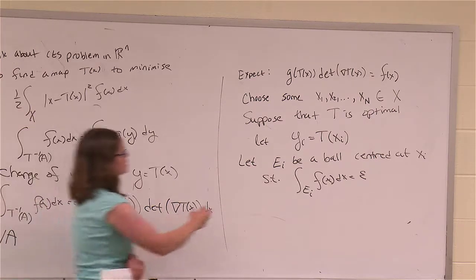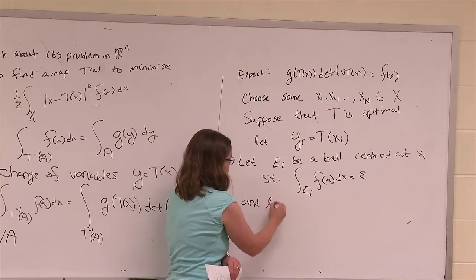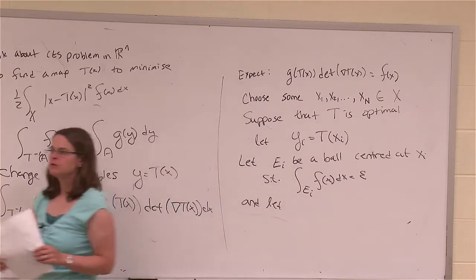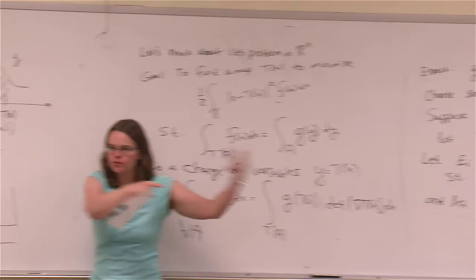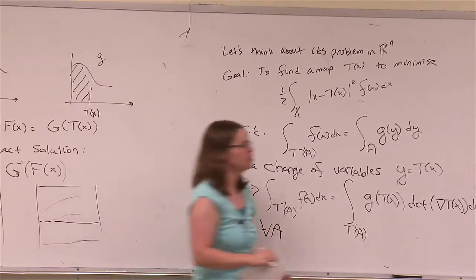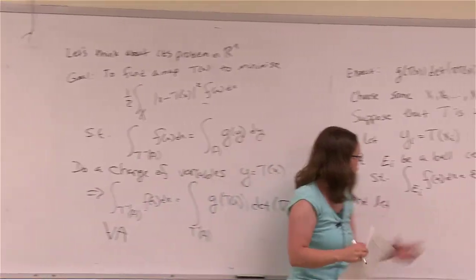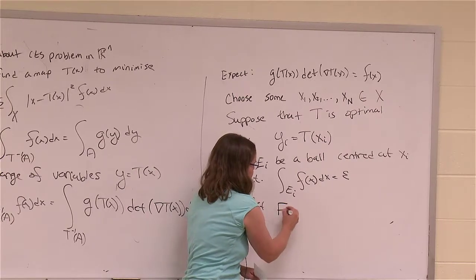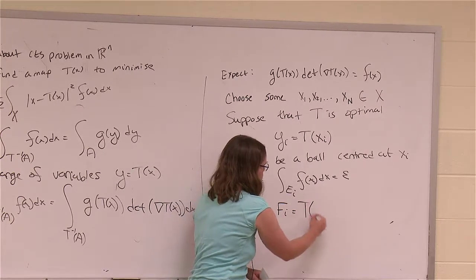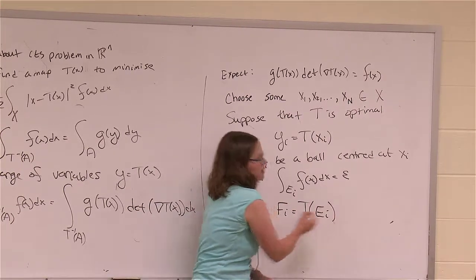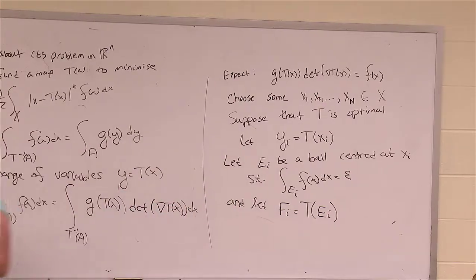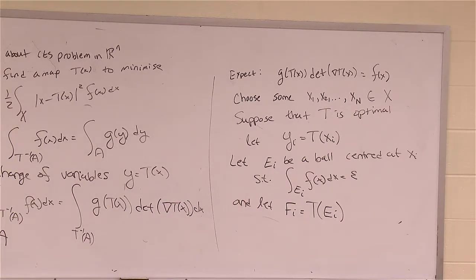As before, I had my little intervals and looked at where they got mapped to. I'm going to do the same thing here: I'm going to look at what set these E's get mapped to. So let F_i equal whatever these E_i get mapped to. Let's draw a picture.